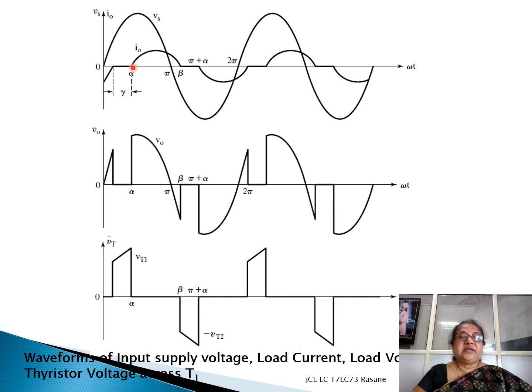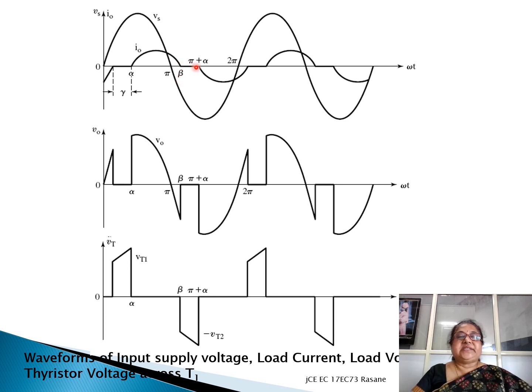So at alpha, it will start to conduct the positive current to the load, and at pi you would expect it to stop conducting. But because of the inductive load, the current doesn't stop here and it will continue to conduct till beta. That is the time when the inductor is discharging its stored energy.